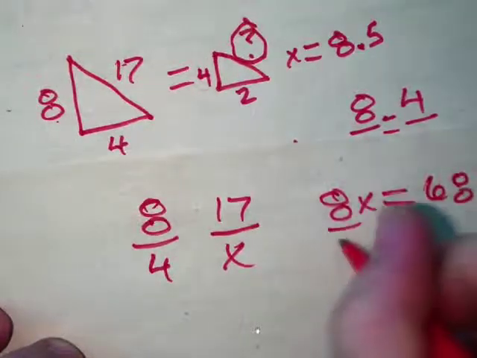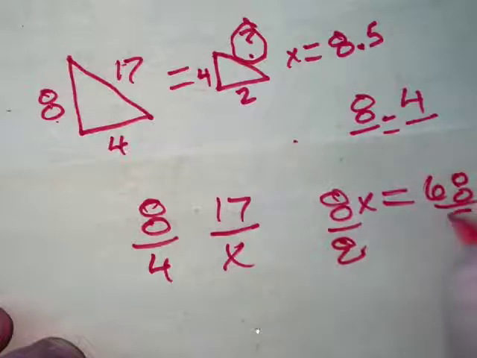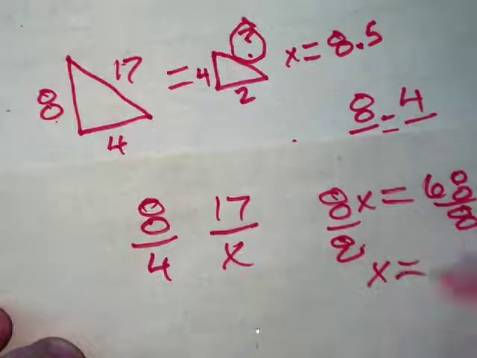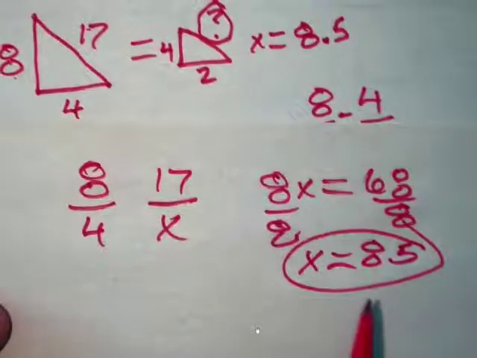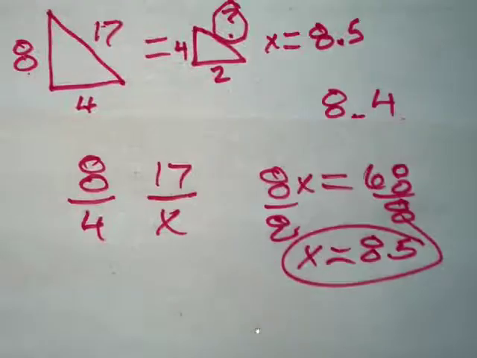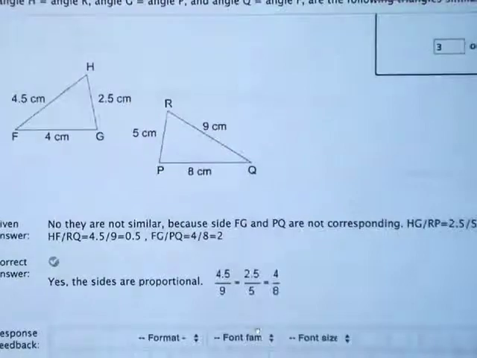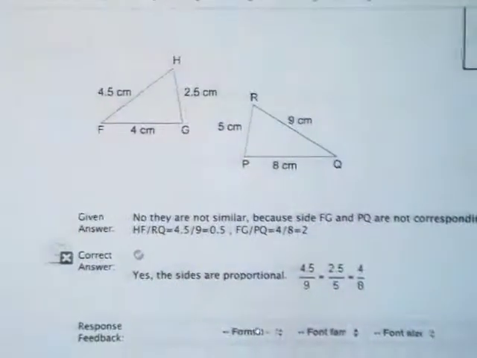And then when you divide, you will still get 8.5. So as you can see, as long as you're comparing the same ratio type triangles, it works. Now let's go to one of your questions here that you got wrong.